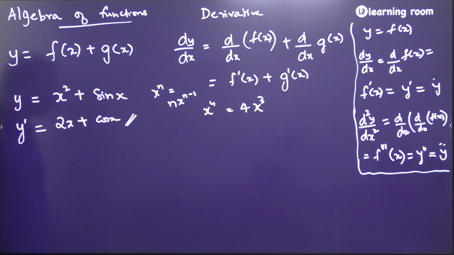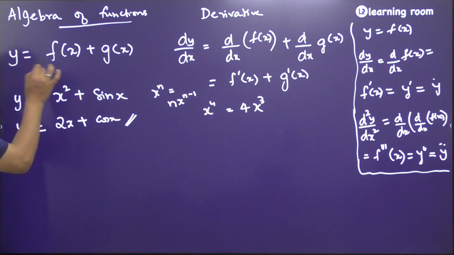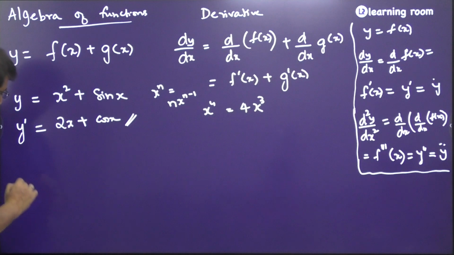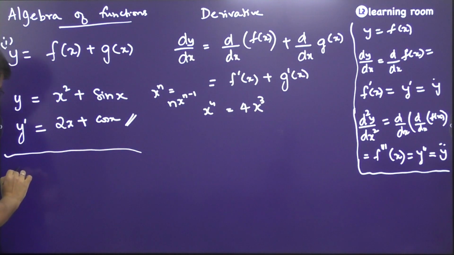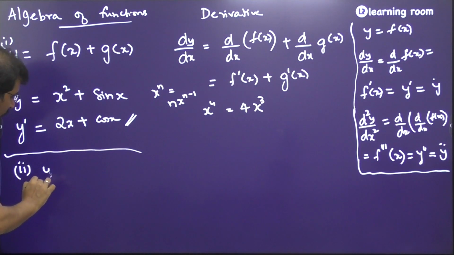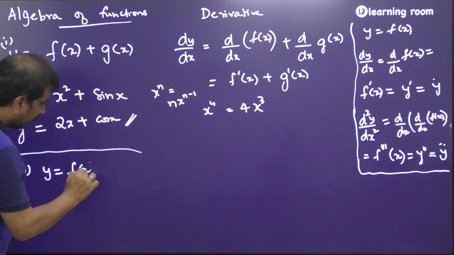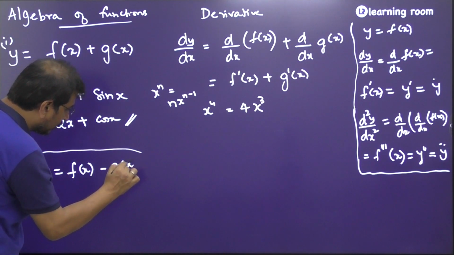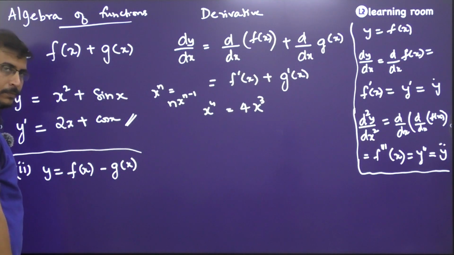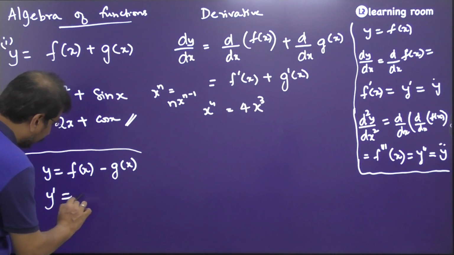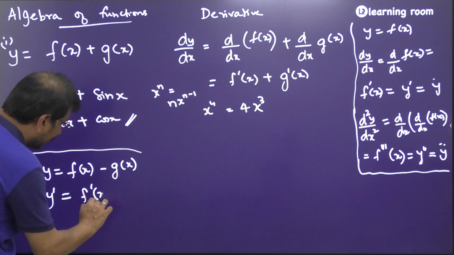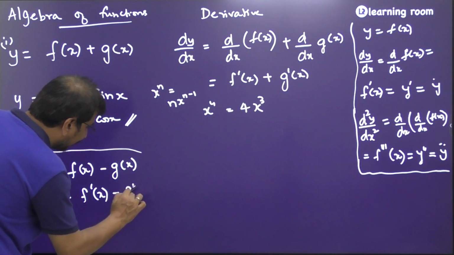Am I clear with this? Similarly, y is equal to f of x plus g of x is the first one. You can also have y is equal to f of x minus g of x. Then what will y dash be equal to? f dash of x minus g dash of x.